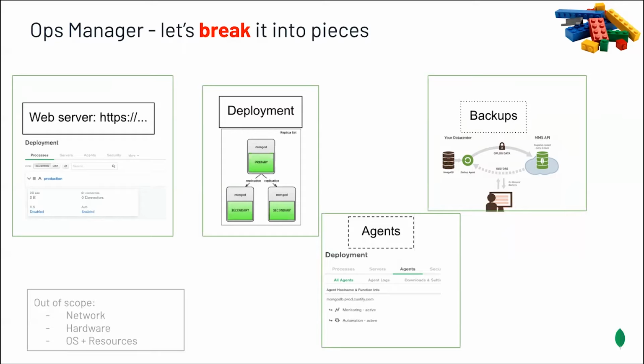If you don't have backups, you will not have a backup agent. If you don't have automation, you will not have an automation agent. Out of the scope are network, hardware, OS, and resources like hardware resources, obviously because they are external to MongoDB.